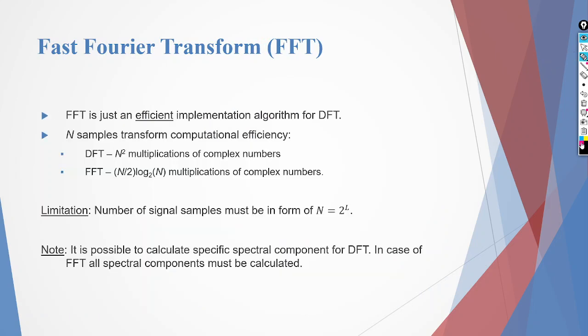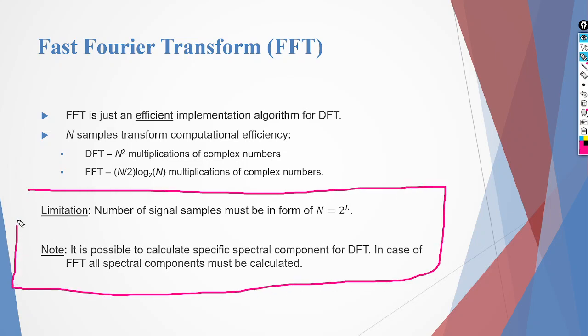There are only two limitations for fast Fourier transform which are important to notice. First of all, you have to have a power of 2 number of samples: 8, 16, 32, 64, and so on. You cannot calculate fast Fourier transform for 1000 samples.